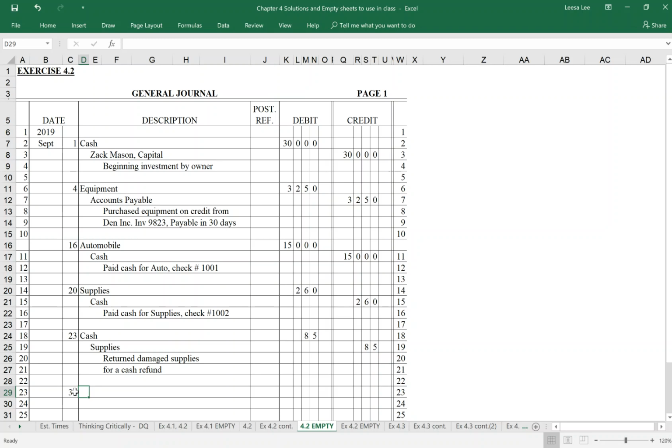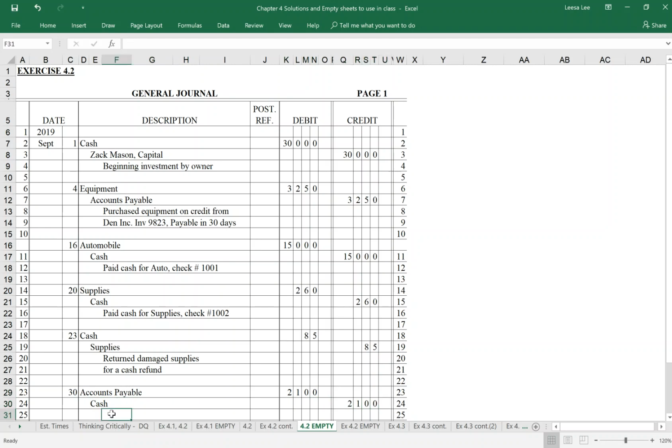Now the debit is going to be accounts payable because we are reducing our liability. So accounts payable, that's the people we owe. Normally that has a balance on the credit side, but we are reducing it because we're paying. So $2,100 is coming out of accounts payable, and we are paying cash to do that.